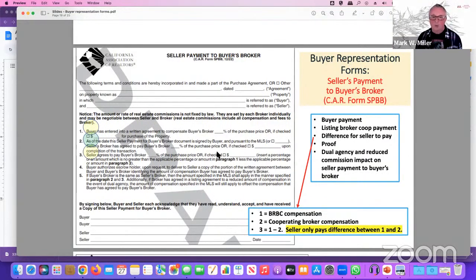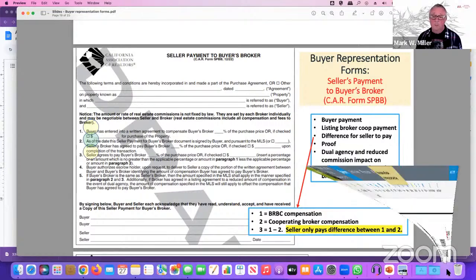Well, there are pluses and minuses to doing this from the buyer's agent and buyer's perspective. That offer could be received by the seller, and if they don't understand how this works, they could say, I don't even think we should respond to that offer. So there's that risk in tendering an offer that has this with it.